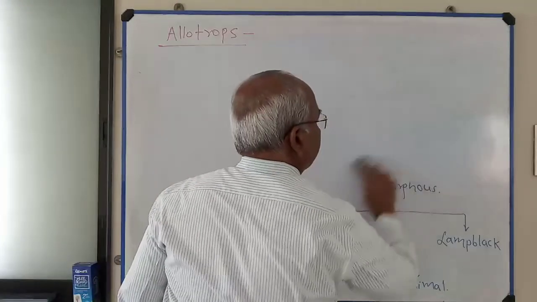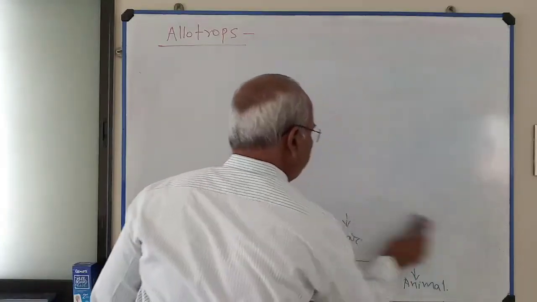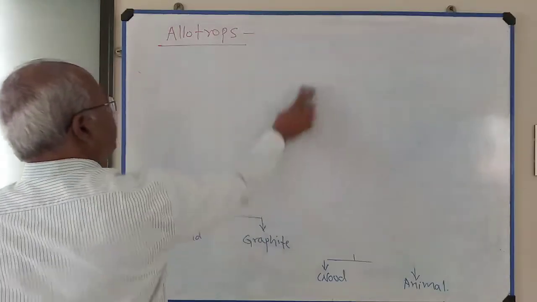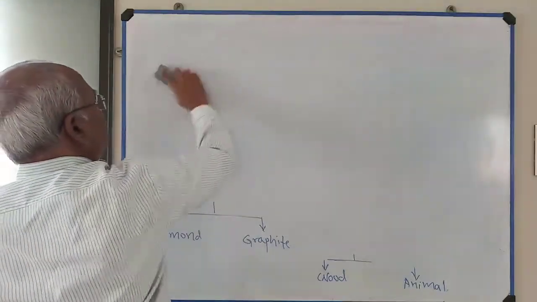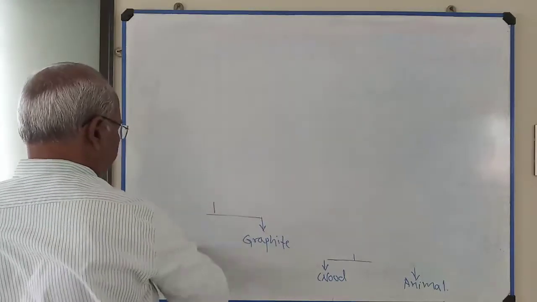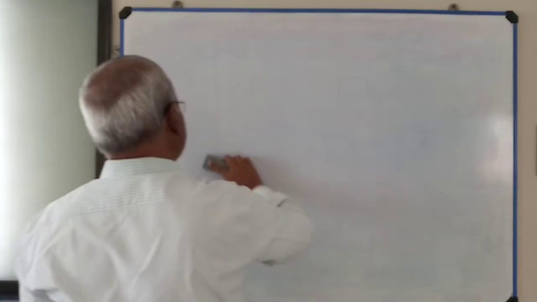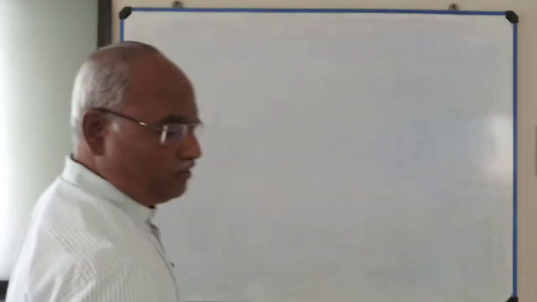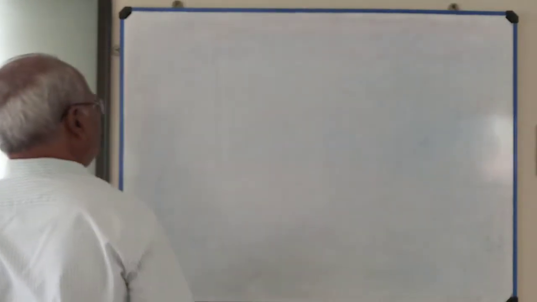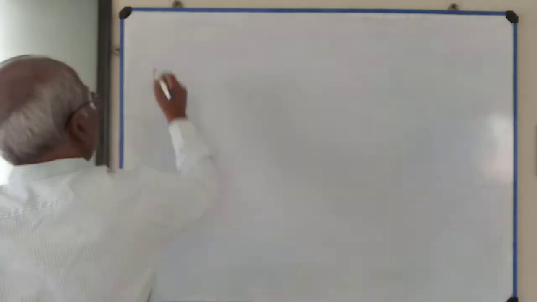After explanation of these allotropes, we are going to study the structure of diamond. So, try to understand. I write the title diamond.